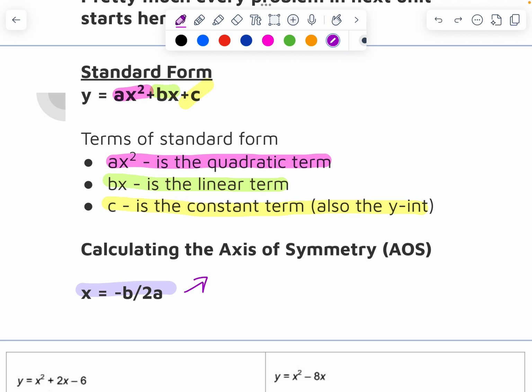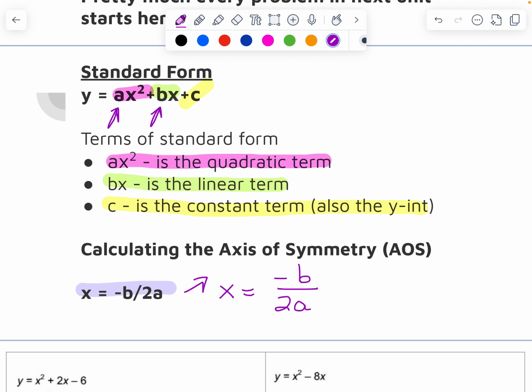It is a fraction: negative b divided by 2a. What we're referencing is the b and the a in standard form, our coefficients, b being the coefficient for the linear term and a being the coefficient for the quadratic term. That calculates the axis of symmetry.